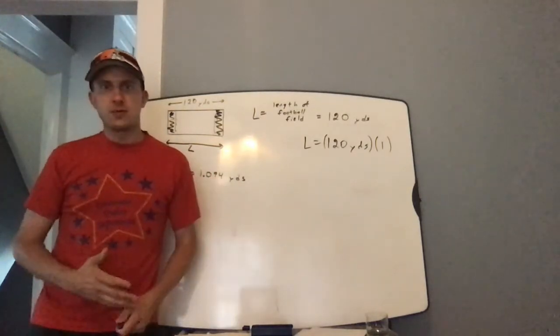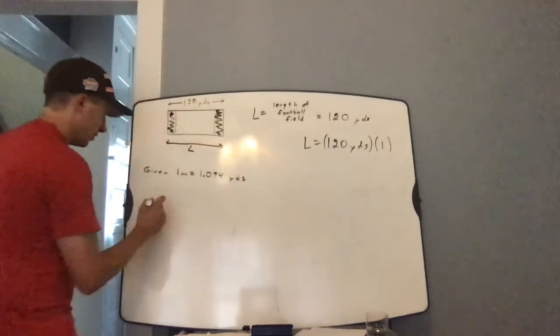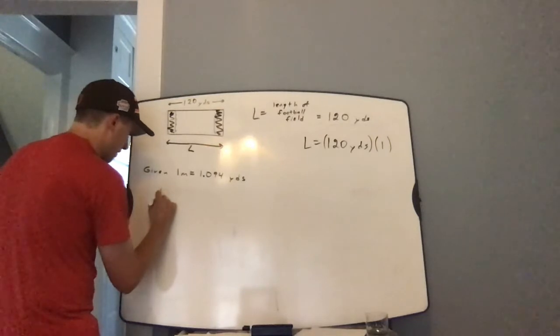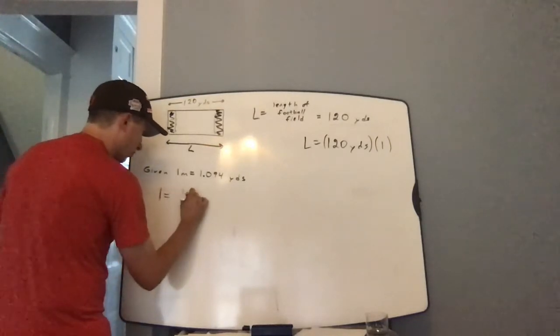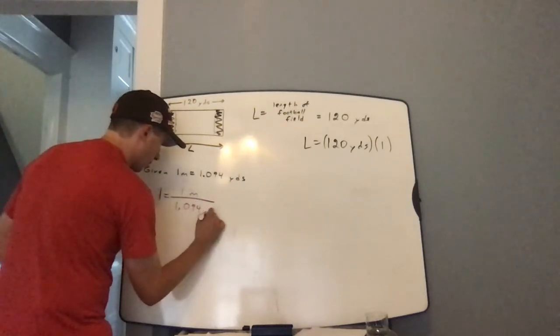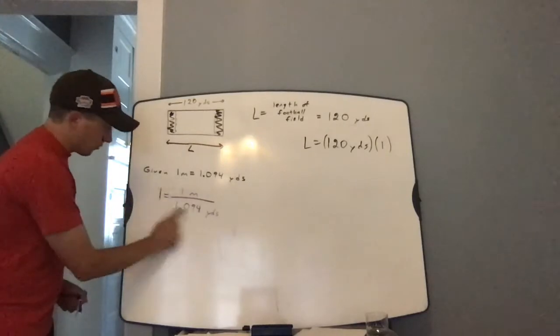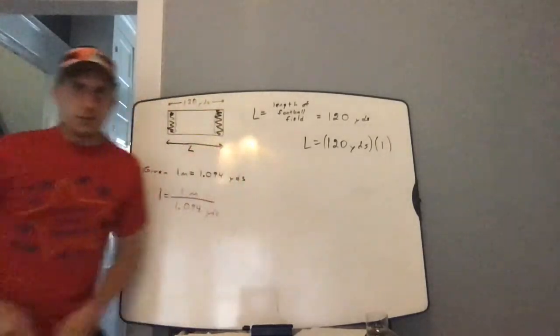So if I divide 1 meter by 1.094 yards, that also will be equal to the number 1. So I could write 1 is equal to 1 meter divided by 1.094 yards. And this is the number 1 that I'm going to plug in right up here.